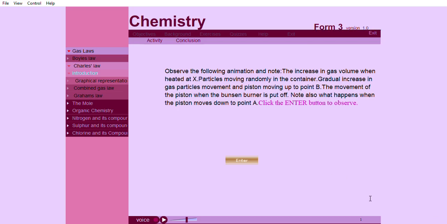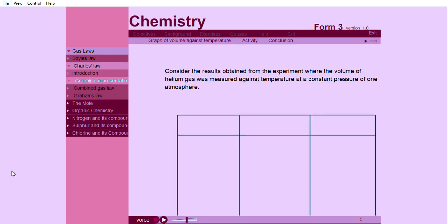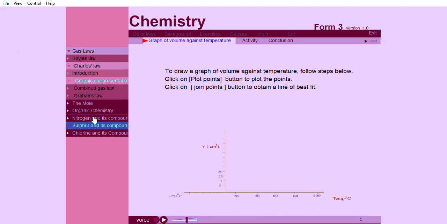Note also what happens when the piston moves down to point A. Consider the results obtained from the experiment where the volume of helium gas was measured against temperature at a constant pressure of 1 atmosphere. To draw a graph of volume against temperature, follow the steps below.